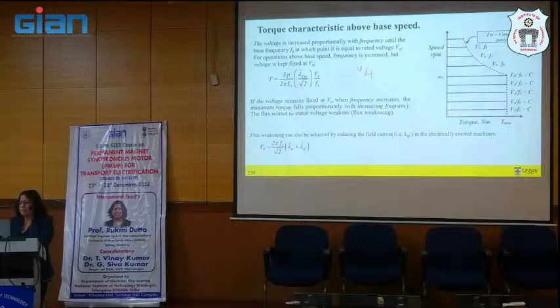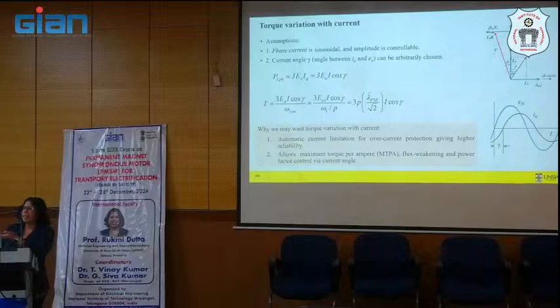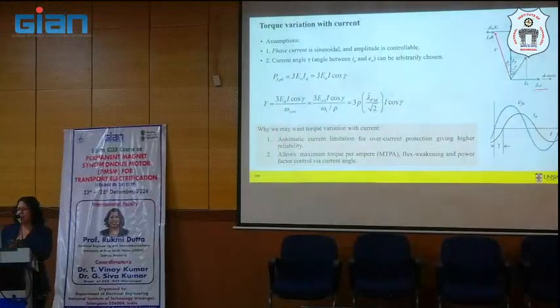So once we have reached that, if I want to increase speed, that means this frequency is increasing, but at your E times I, right? That is my current. So current could either lead your back EMF or lag your back EMF.